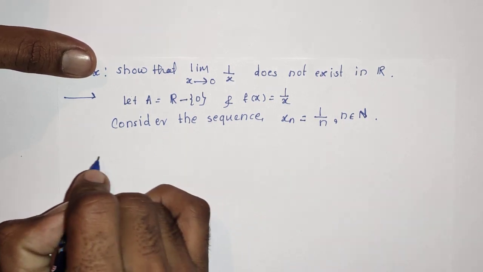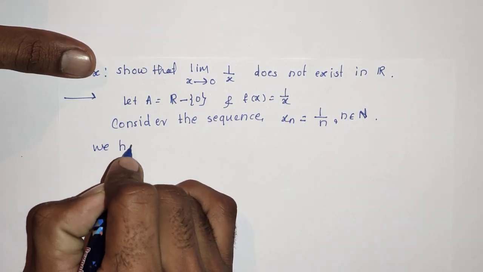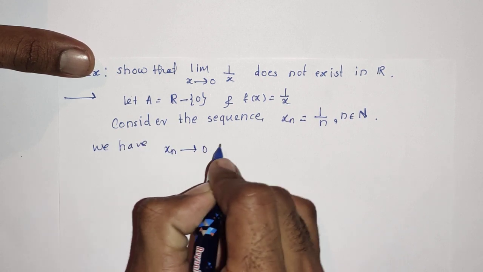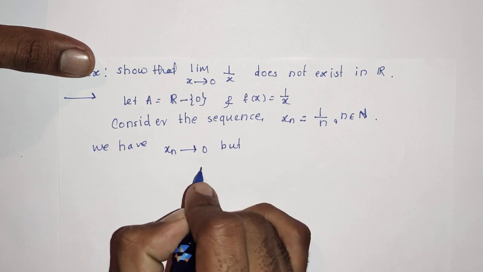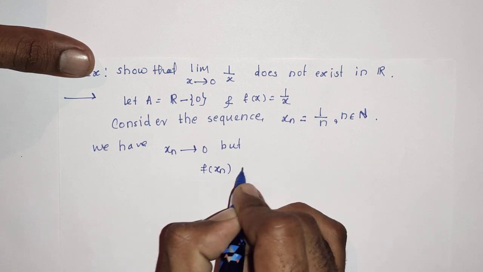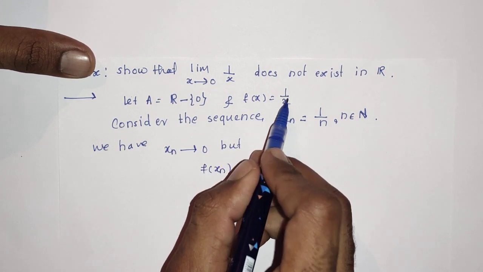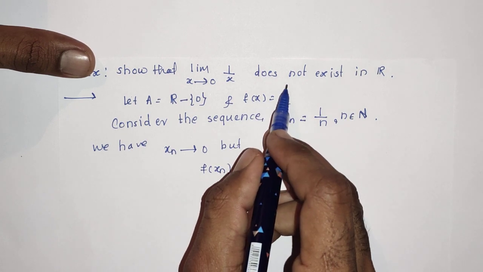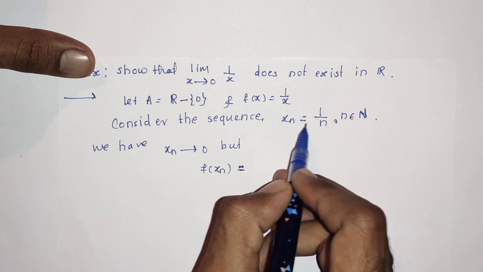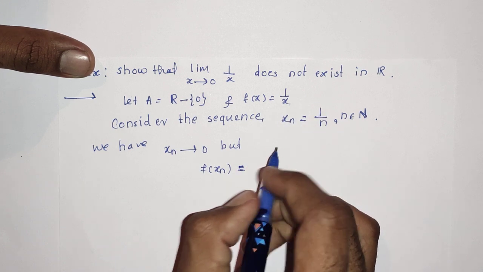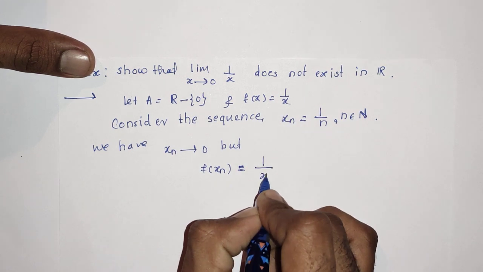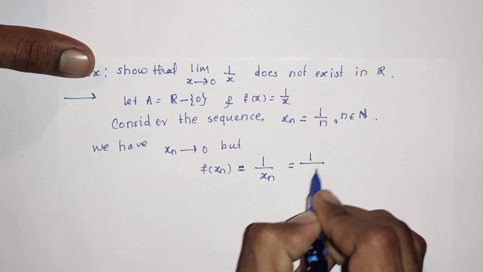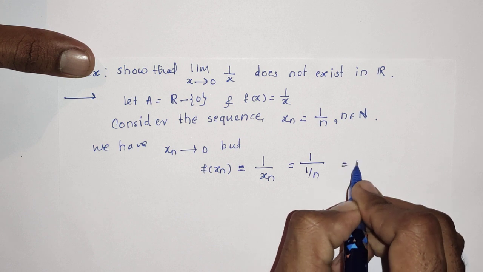So we have xn converging to 0, but the image of xn, f of xn, where f of x is 1 upon x, means 1 upon xn. Since xn is equal to 1 upon n, f of xn will be 1 upon xn, which is n.